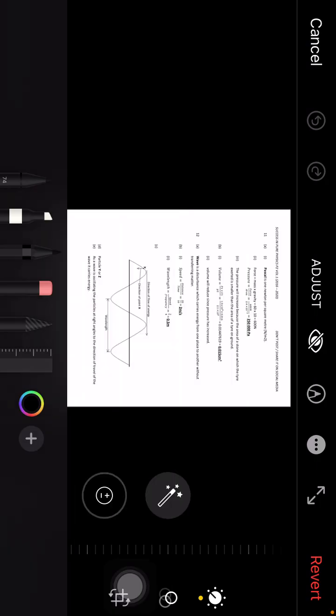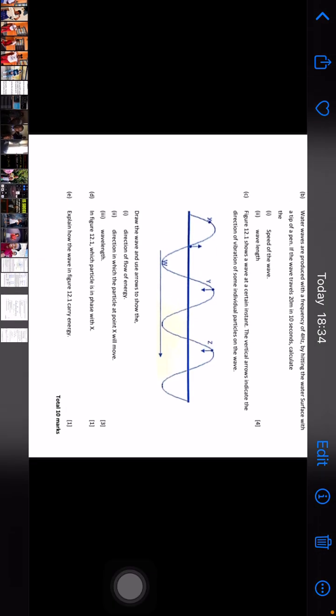Okay, go to the last question. In figure 12.1, which particle is in the same phase as X?